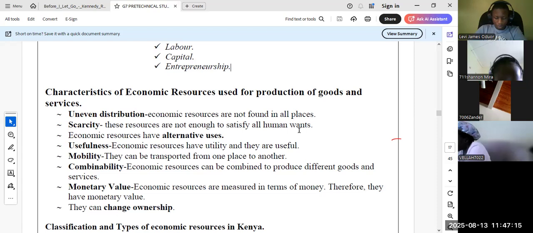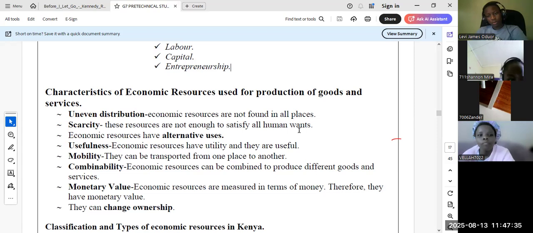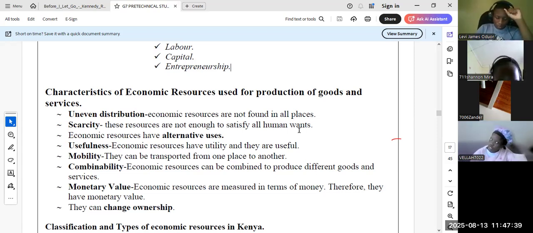You can say that some pieces of land can be turned into large-scale farming, and in this case you can do dairy farming, the keeping of livestock for milk. You can also turn some pieces of land into beef farming, animals kept for beef.